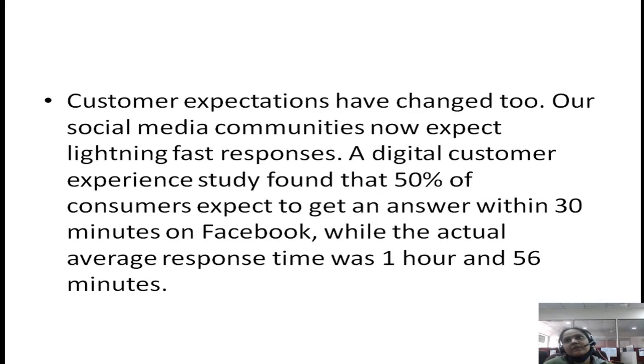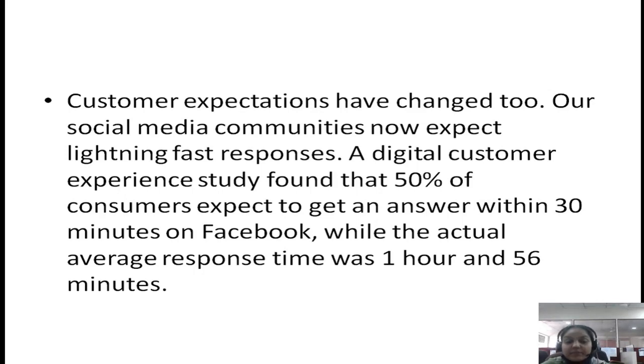We think, yes, everyone is sitting on the internet all the time, they are available. People think that within 5 minutes, 10 minutes, we should get the response. This is what the study is. If I have 1 lakh people, then 50,000 of them think that whenever they ask you something, they should get the answer within 30 minutes. I am talking about Facebook, where people are literally online 24/7.